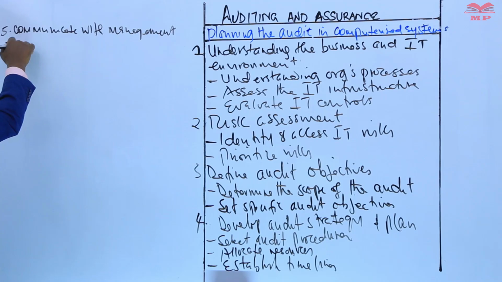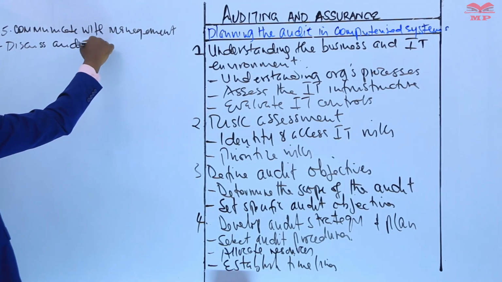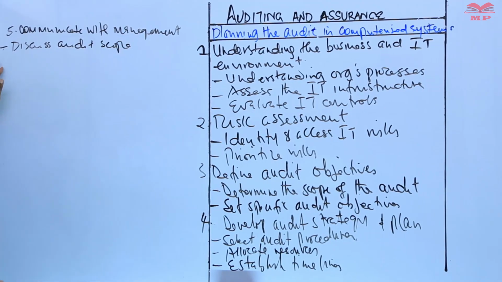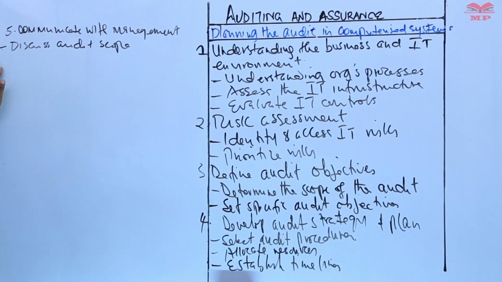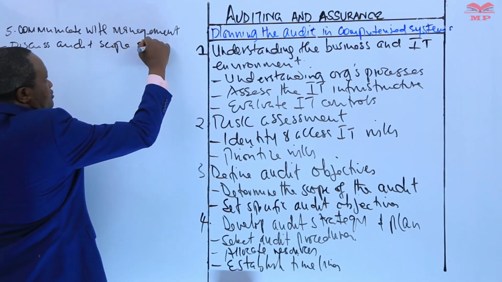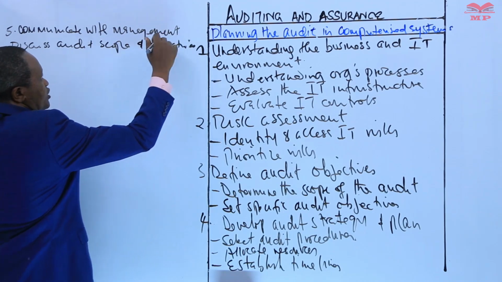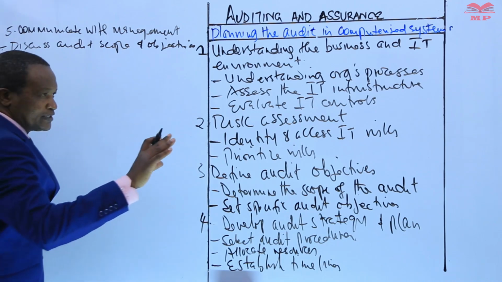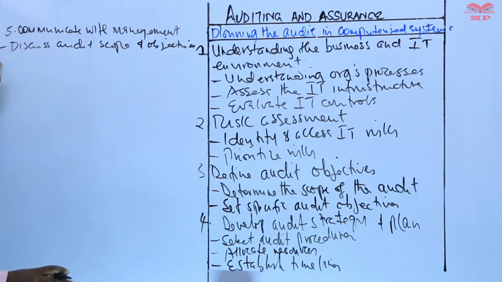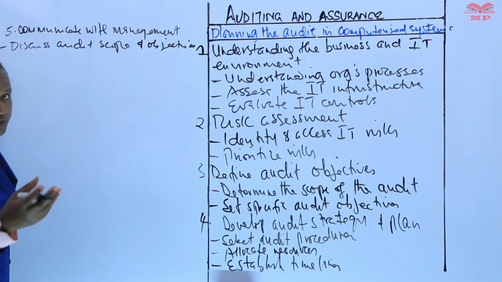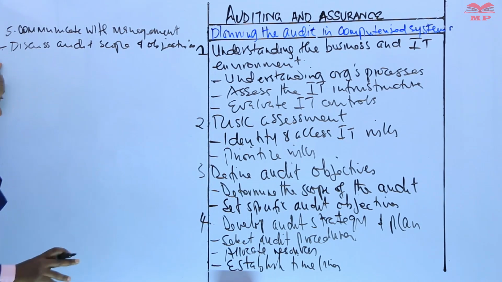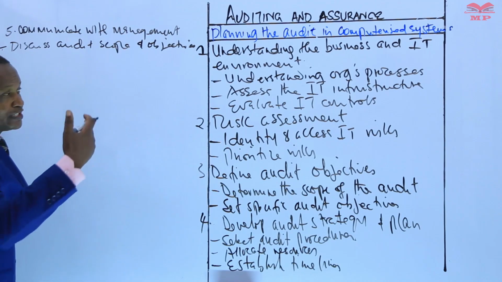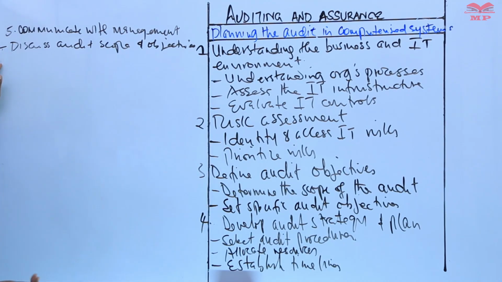The auditor should discuss the audit scope with management. This is not just the scope, but also objectives. The discussion between the auditor and management in relation to audit scope and objectives is very important, because it ensures that management understands the purpose and the focus of the audit. Because candidates, the management will be required to provide information that is to be audited. So the auditor has to communicate so that the management knows exactly what the auditor requires.